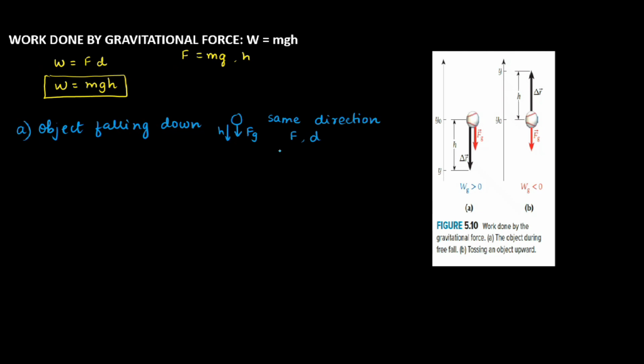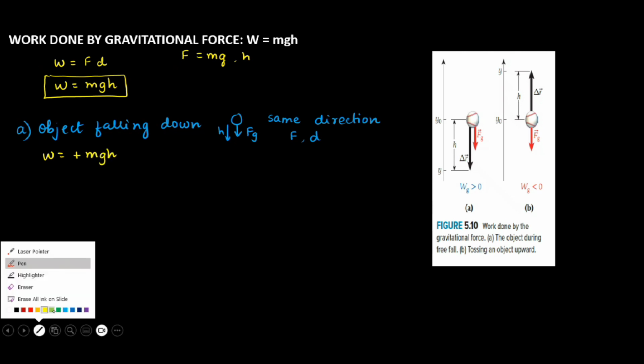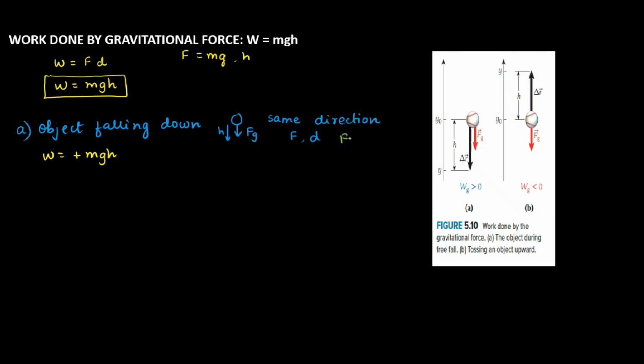And we have discussed before that whenever force and displacement are in the same direction, work done in this situation is taken to be positive. So I can write my work done due to gravity when the object is falling down to be positive mgh. Because we can define work as F d cosine theta.